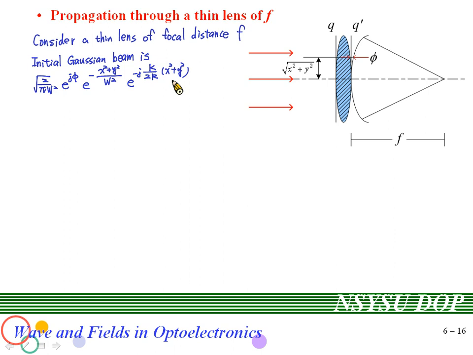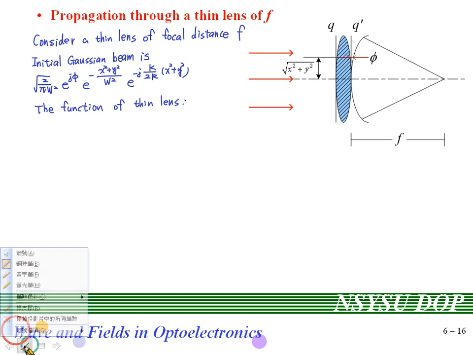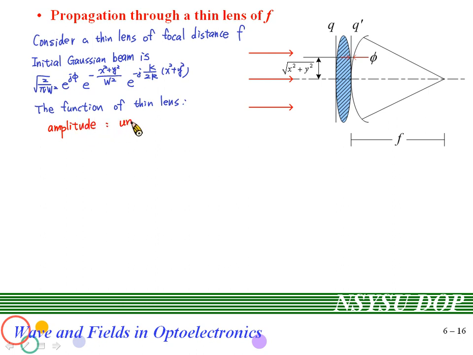And as we have said, the function of the thin lens is to provide the phase change. So, according to the function of the thin lens, we know that for amplitude, because the lens is very thin and lossless, the amplitude is unchanged after passing through the thin lens.